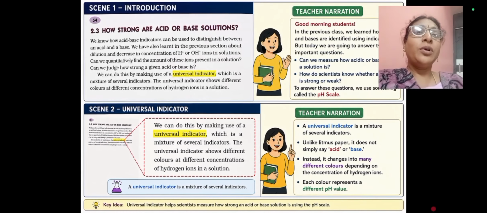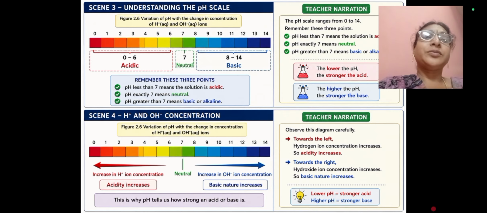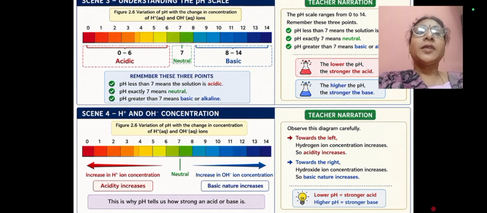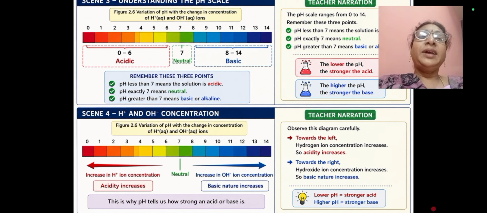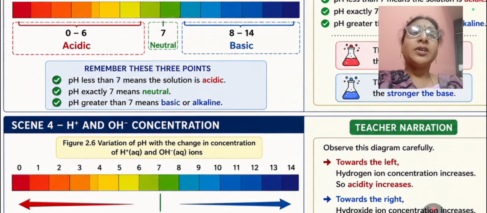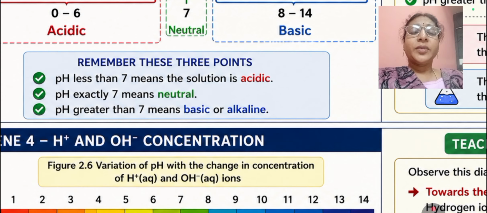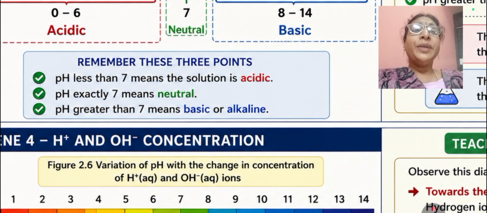Now let us learn the pH scale. What is the pH scale? In the figure, the pH varies with the change in concentration of H plus ions or OH minus ions. Here we have to remember this. If pH is less than 7, the solution is acidic. pH exactly 7 means it is neutral, and pH greater than 7 means basic or alkaline.